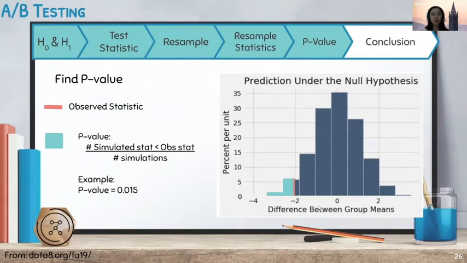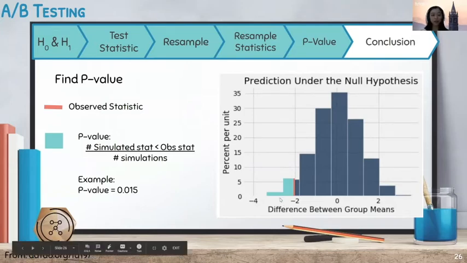As I said previously, when we define our test statistic, a really, really low number would be leaning towards our alternative hypothesis. So we would try to find the area on the graph that is below our observed statistic, which means it is further away from our null hypothesis.